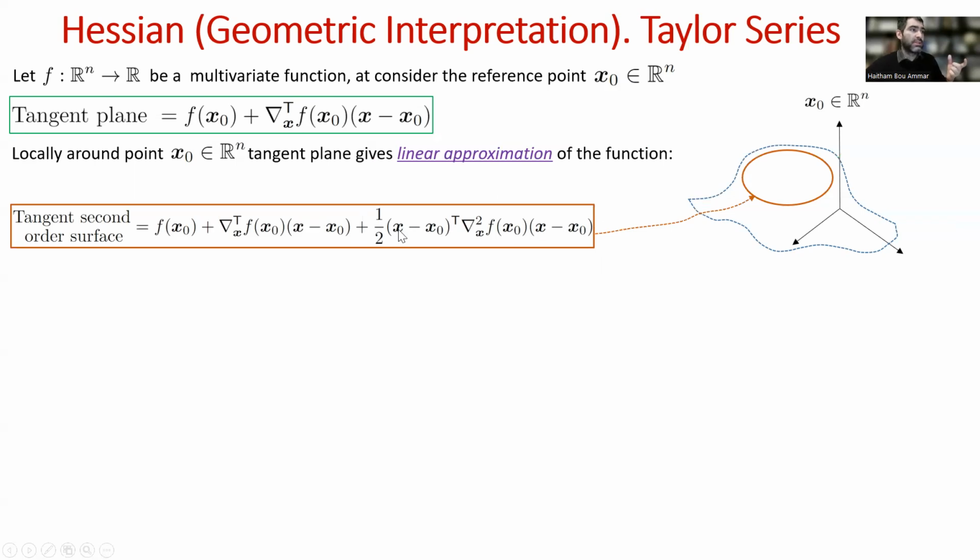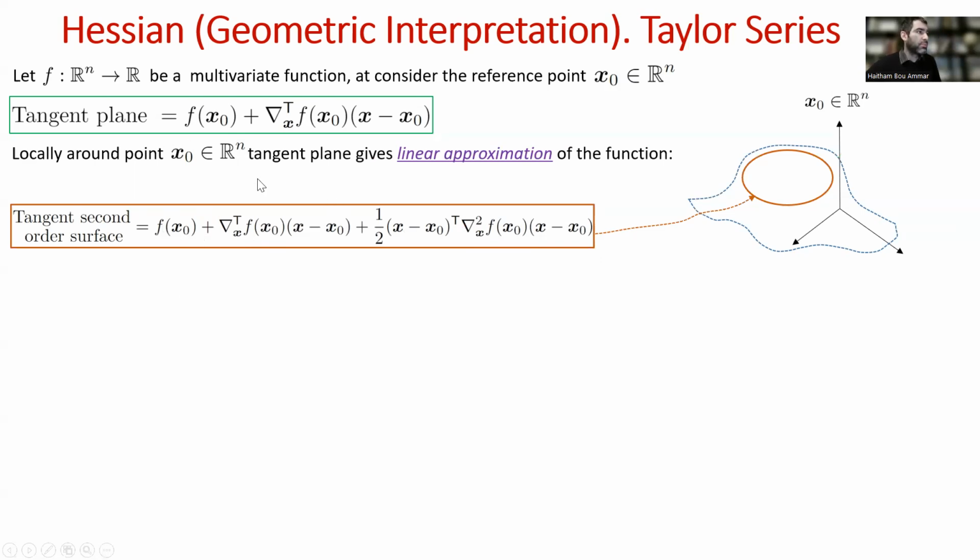This is basically the product of the vector (x minus x0) transposed, multiplied by the Hessian, and multiplied by (x minus x0) again. That gives you a scalar. The whole expression is a scalar value.